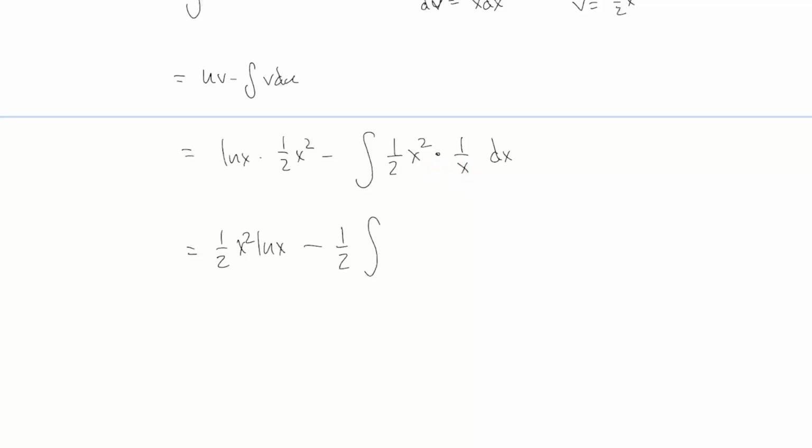What remains is just one other x, right? x squared is 2 x's, and then I cancel one of them. So this is x dx. And then you do that integral. You again get 1/2 x squared from the integral of x. So my final answer is 1/2 x squared ln x minus 1/2 x squared, like that.